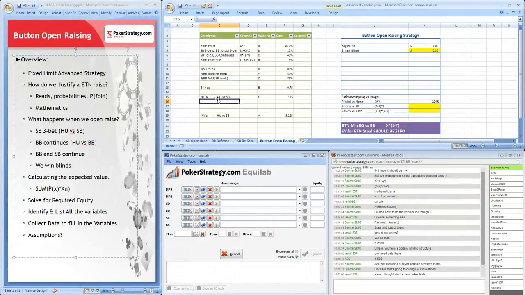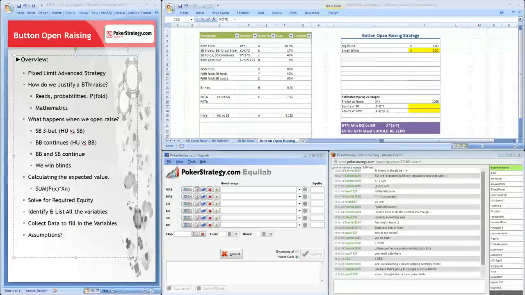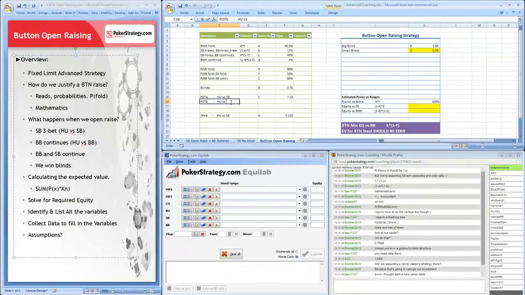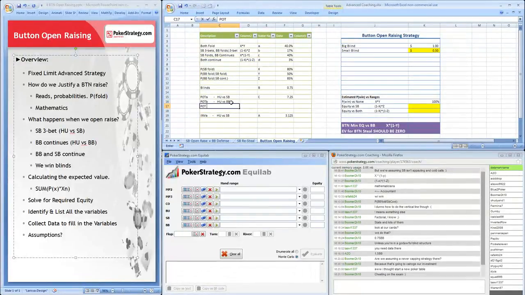And then we want to go on and keep filling in our pot sizes, so we could have pot B, which is the situation where, no, let me just back this up. I've got some notes off screen here. Situation where we're heads up against the big blind. And pot C, where we are playing 3 ways.